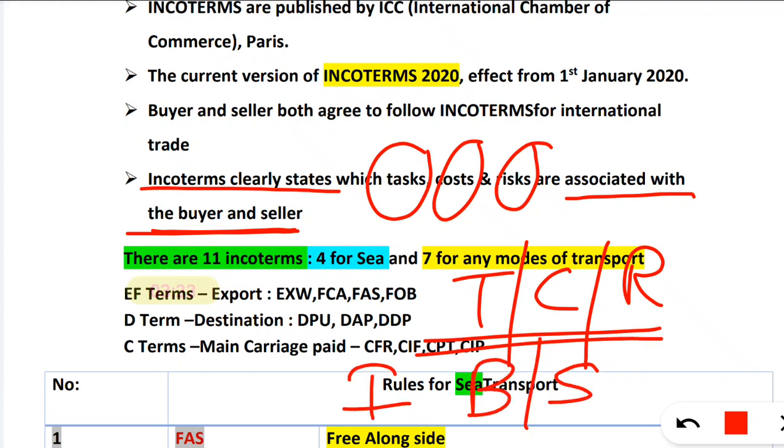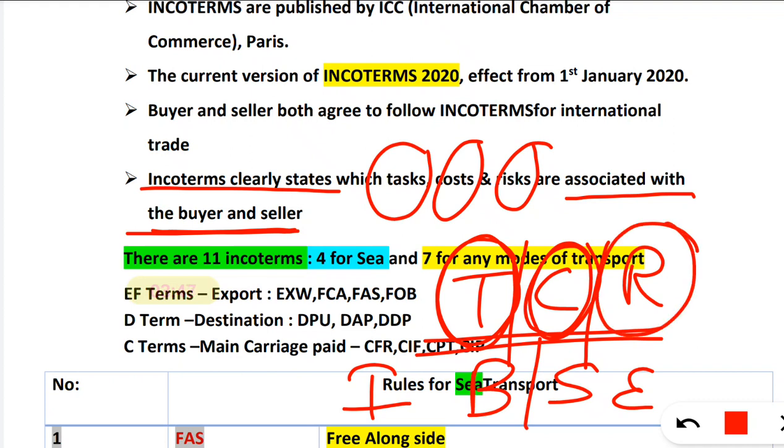Either importer or exporter. That means there is clarity about who will bear which task, the cost of shipment, and the risk of damage to the goods. The Incoterms clarify all that, so that there will be no conflict.